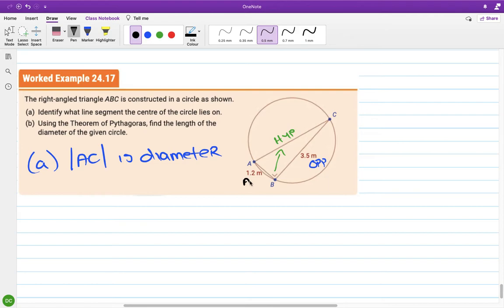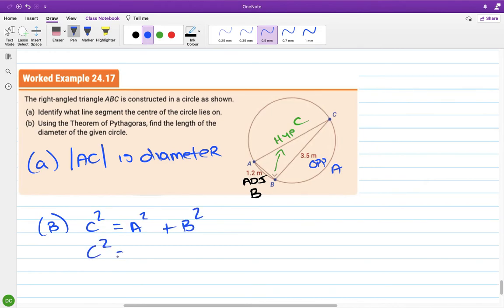Just to link it with the formula and tables book, this is C, this is A, and this is B.